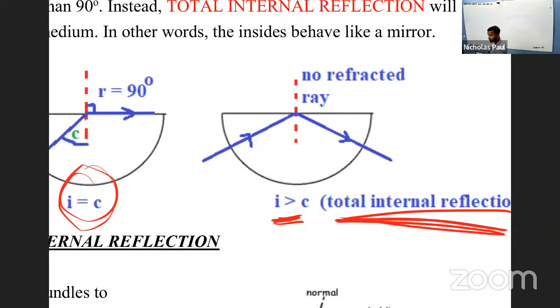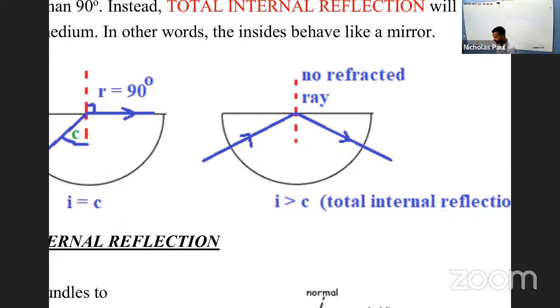So what is critical angle? A special angle of incidence that gives you an angle of refraction of 90 degrees. What happens if you go greater than the critical angle? Total internal reflection.